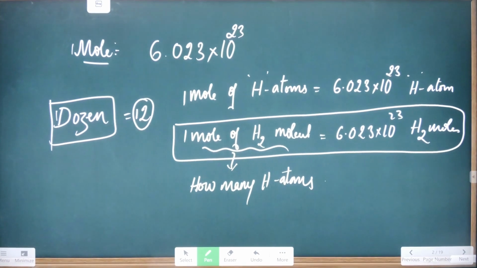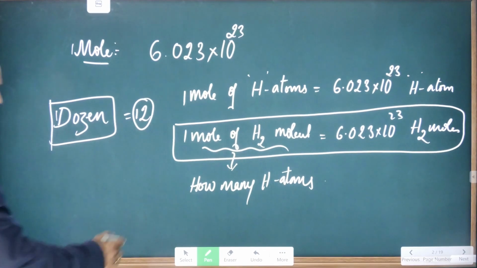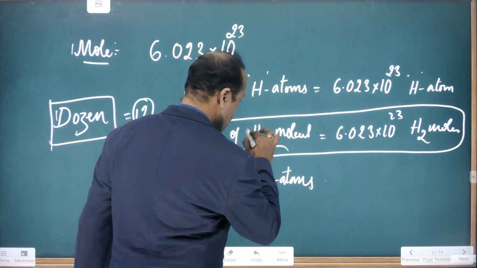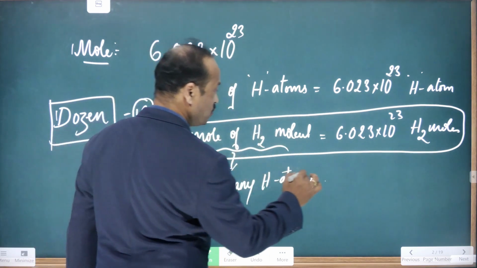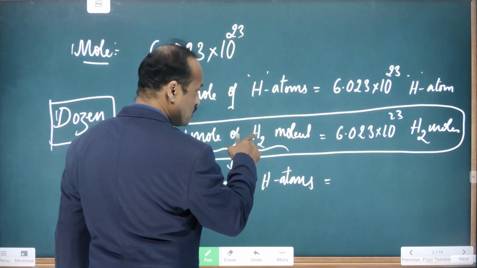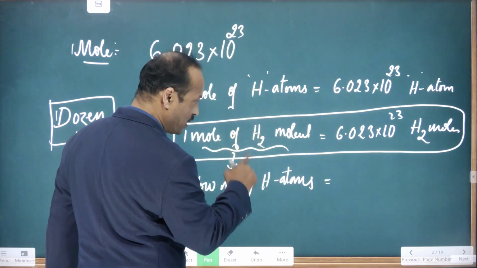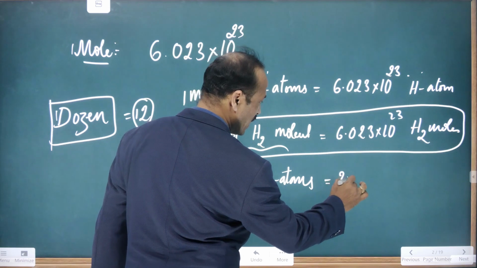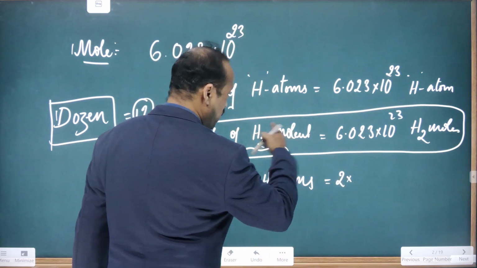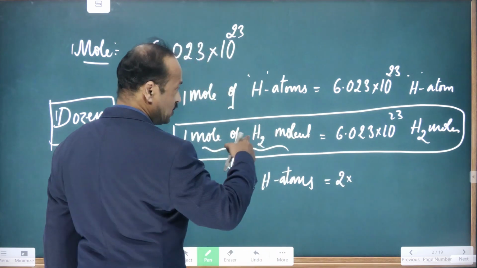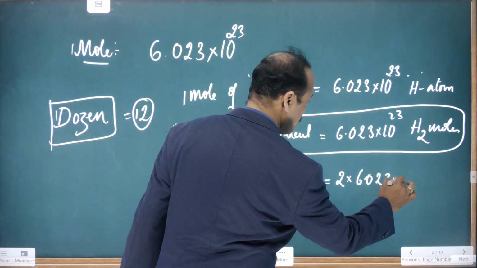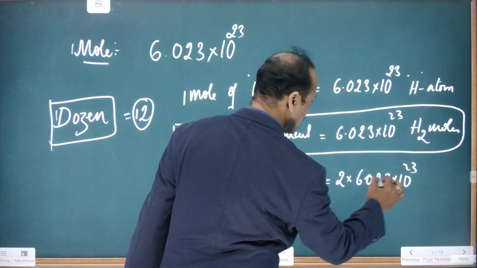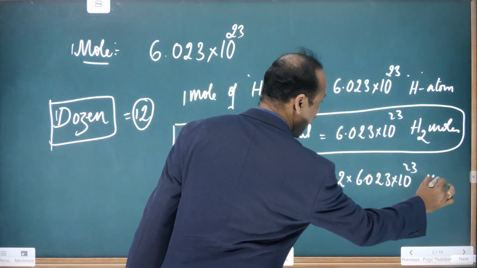So now what do you do? 1 mole of hydrogen molecules is not 2 hydrogens. Now I'm asking how many hydrogen atoms. 1 hydrogen molecule consists of 2 hydrogen atoms. So what you have to do is 2 into 6.023 into 10 to the power of 23 hydrogen atoms.